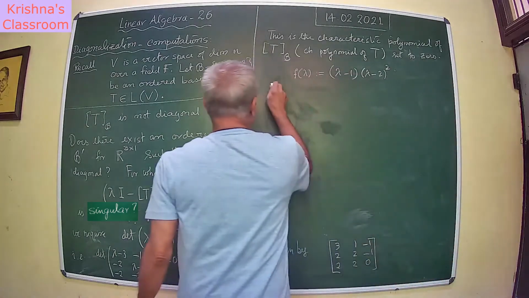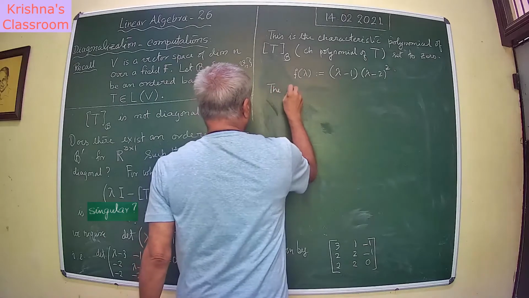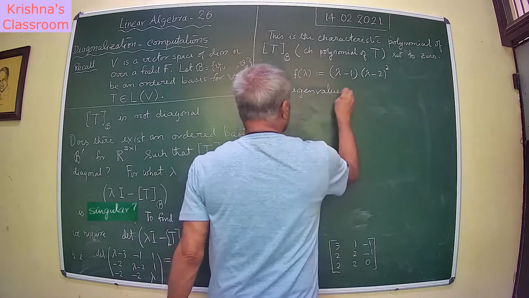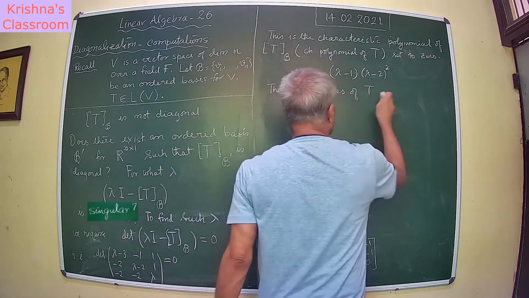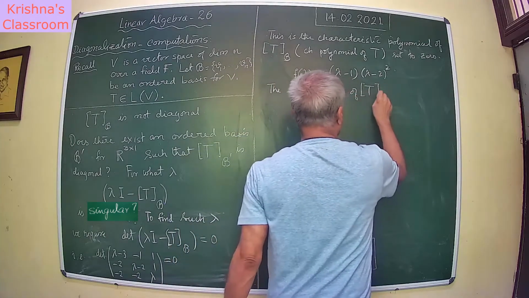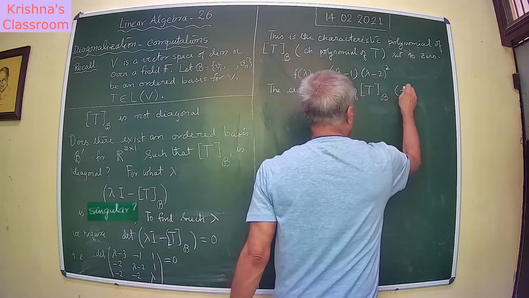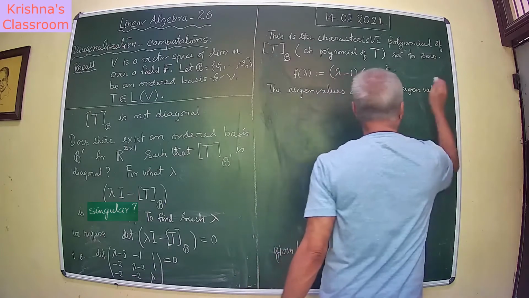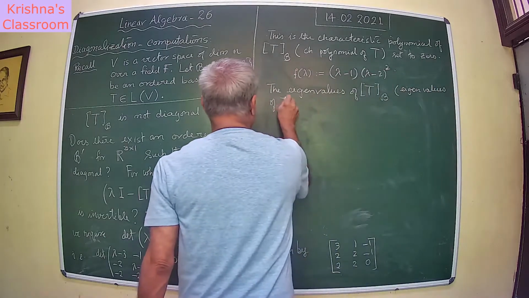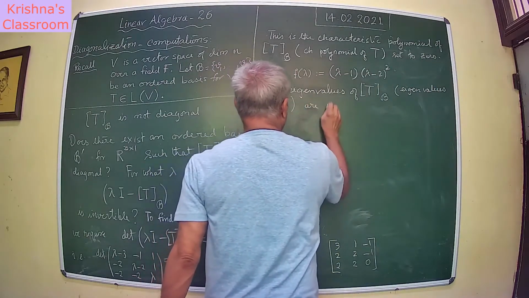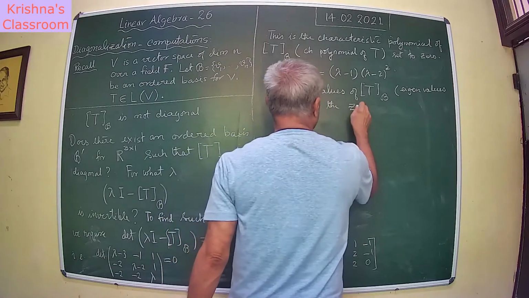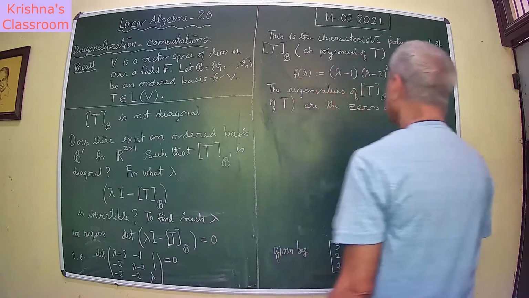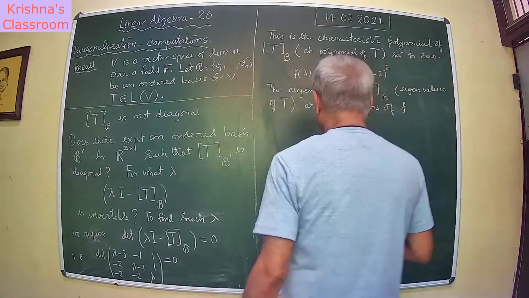Therefore, the eigenvalues are the zeros of f. So what are the zeros of f?